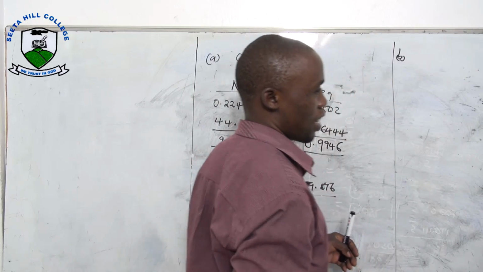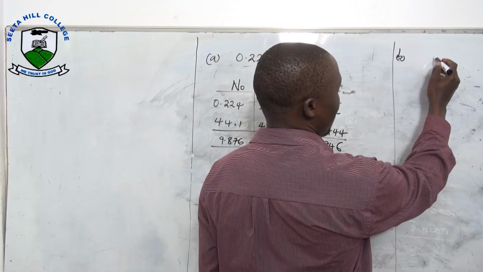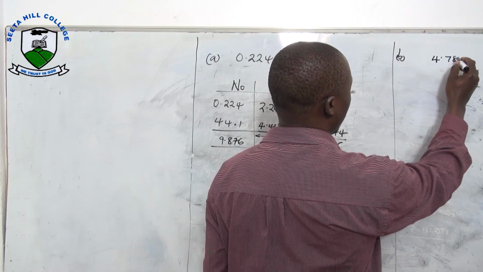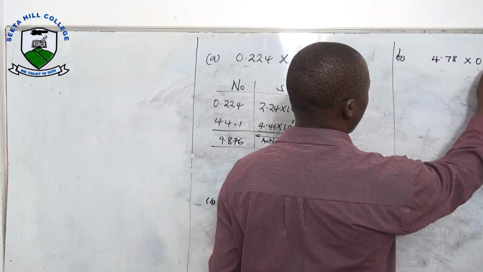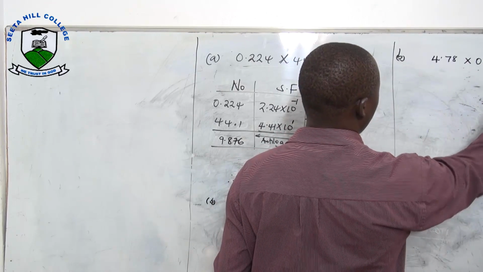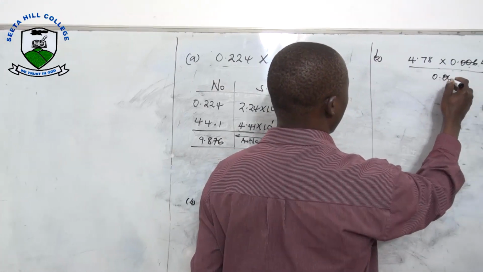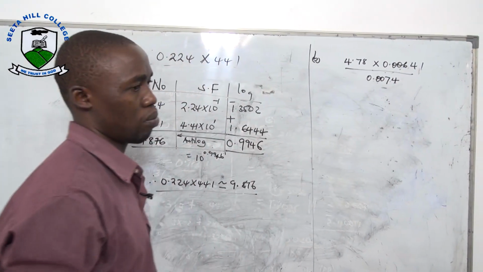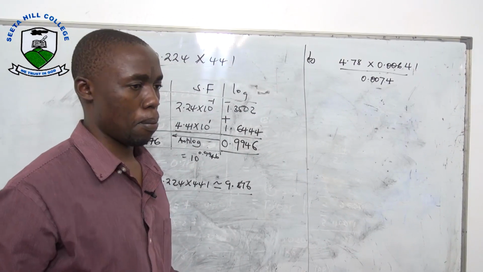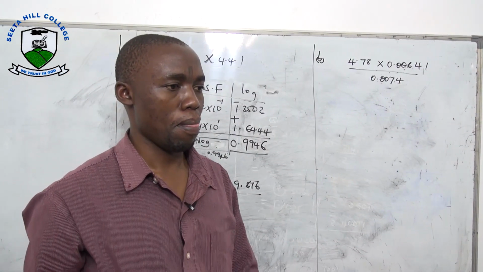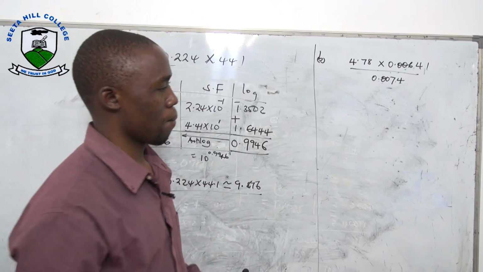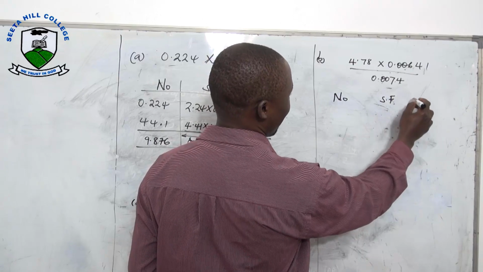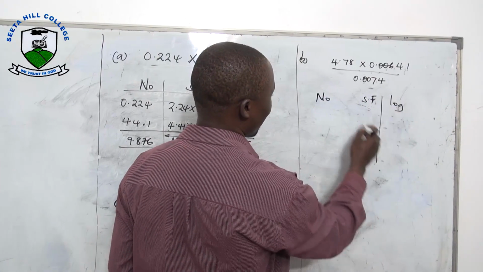Part B, I'm giving a quite big one: 4.78 times 0.00641 out of 0.074. Okay, number standard form. I want you to be very, very attentive here.